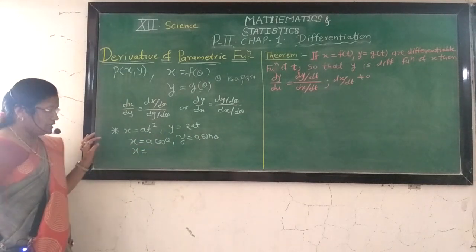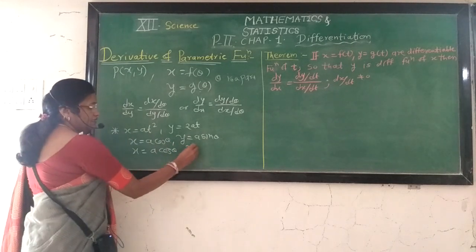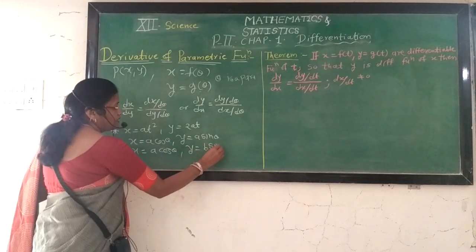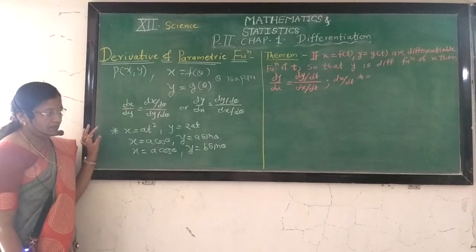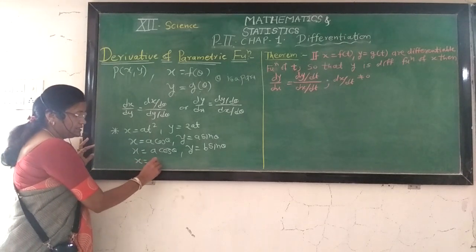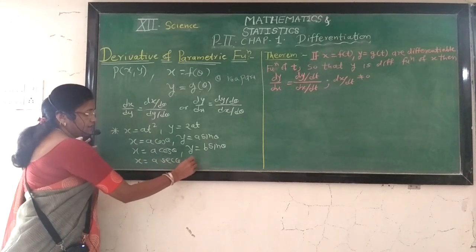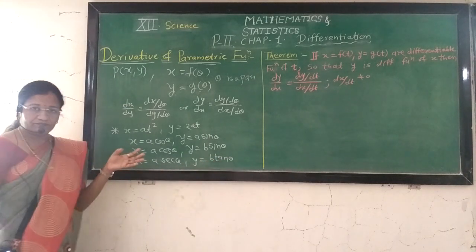For an ellipse, x is equal to a cos theta, y is equal to b sin theta. And for a hyperbola, x is equal to a sec theta, y is equal to b tan theta.